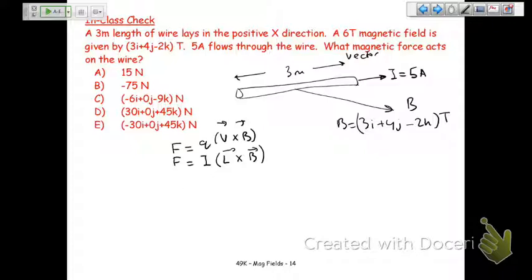I suppose I could say what magnetic force acts, and if you gave me a magnitude, I suppose I would have to accept it, but I really want to know, can you do the vector? That's of course a vector.